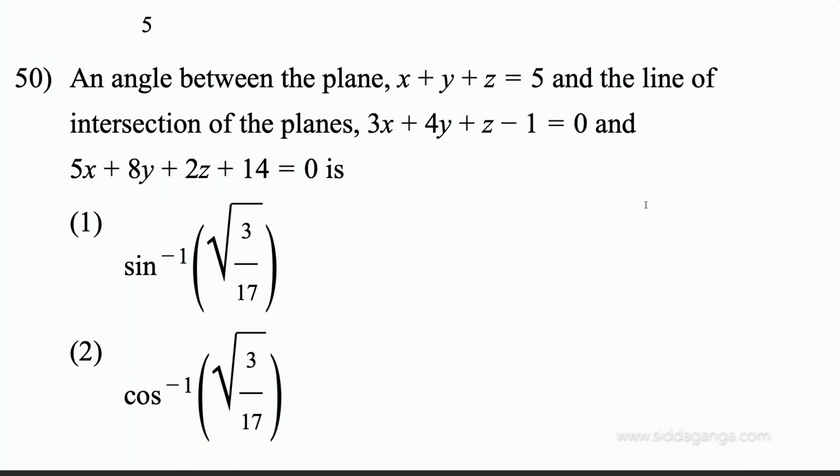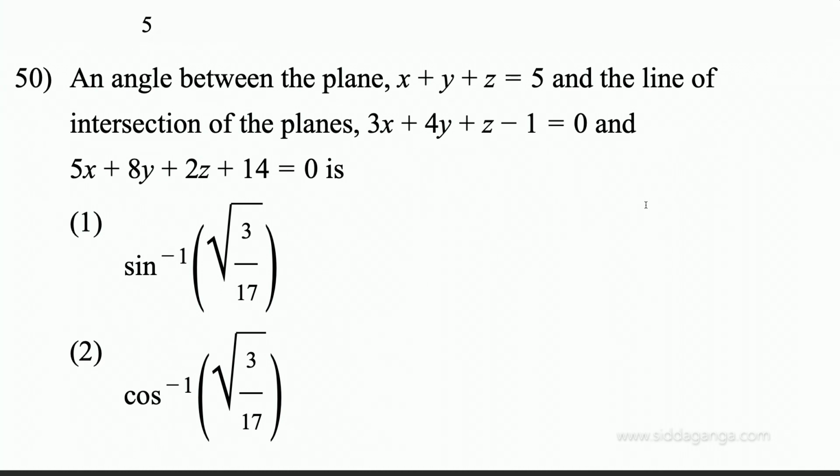So the 50th question is like this. An angle between the plane x plus y plus z is equal to 5 and the line of intersection of the planes 3x plus 4y plus z minus 1 equal to 0 and 5x plus 8y plus 2z plus 14 equal to 0 is. So there is a plane x plus y plus z equal to 5.